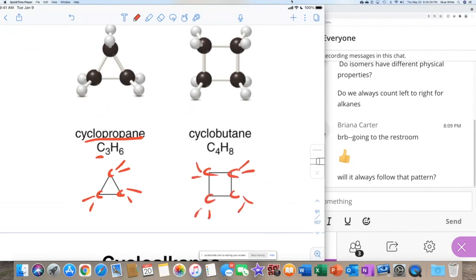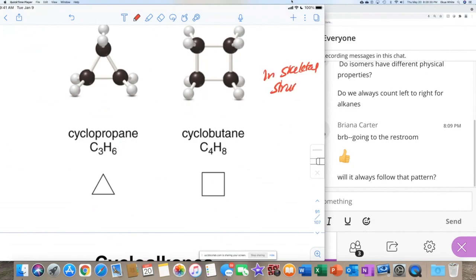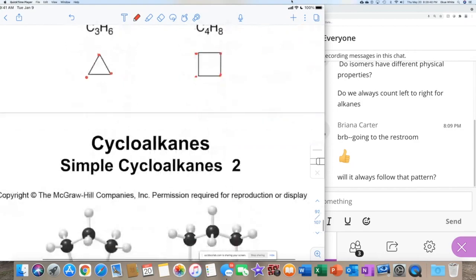Remember, in skeletal structures we leave out the carbons and the hydrogens. They're implied. So every corner here is a carbon and the relevant number of hydrogens.